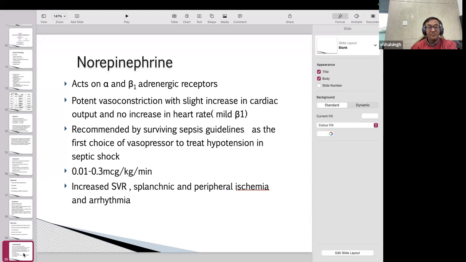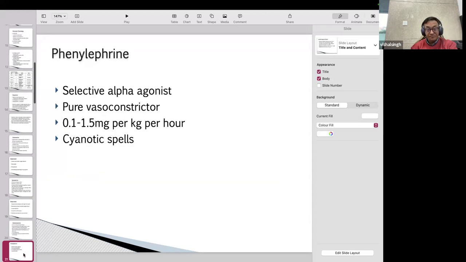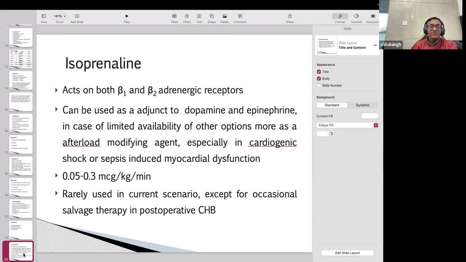Now, phenylephrine, just for completion's sake, it's there in the system, but I think we don't use it in the intensive care unit at all. It's only used in the operation theaters, sometimes in a cyanotic spell. It's a pure vasoconstrictor. Isoprenaline, again, has gone out of choice in most setups, except for a few.